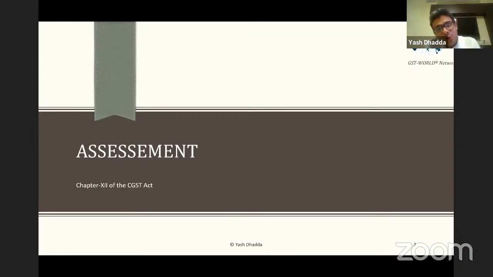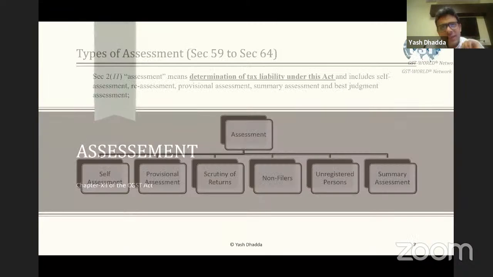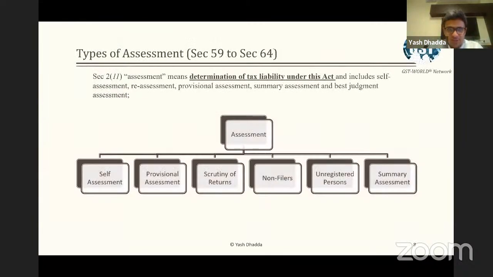Now, with that background, when we come to the GST side of it, there are some things which need to be unlearnt. So the circumference of assessment which is given under the law starts from section 59 and goes up to section 64. And when we look at sections 59 to 64, we realize there are various types of assessment envisaged in the law.